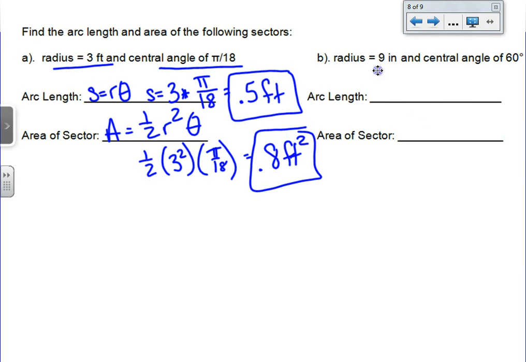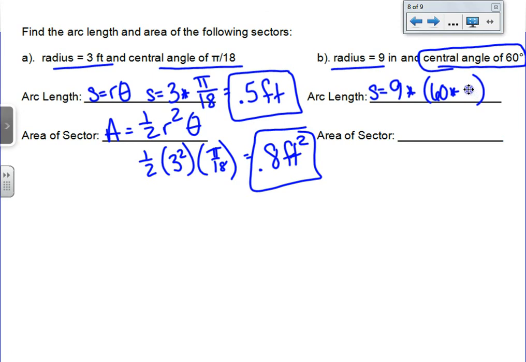Okay, next problem. Radius is 9. Central angle, 60 degrees. Why is that a bit of a problem? It's not in radians. Now, you can either go ahead and convert 60 right now or let your calculator do the work. I like to let my calculator do the work. So arc length is radius times my central angle. But my central angle, how would I convert that to radians?